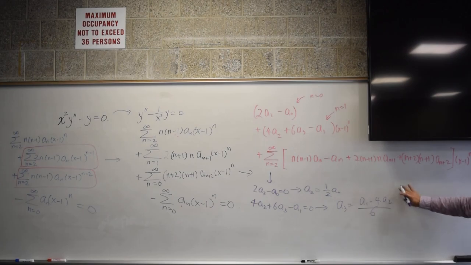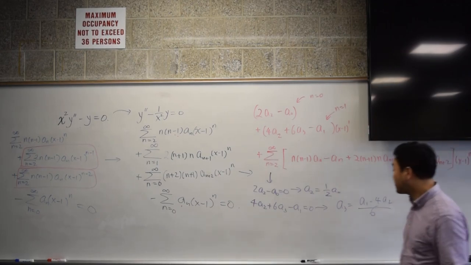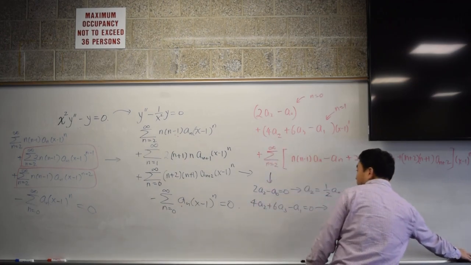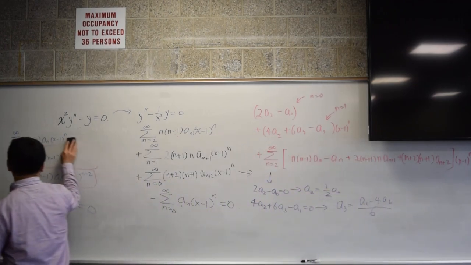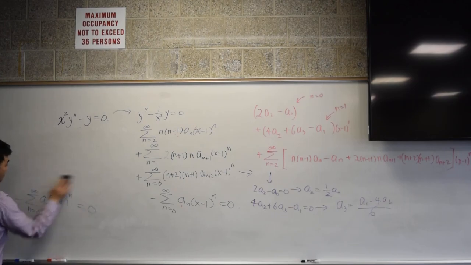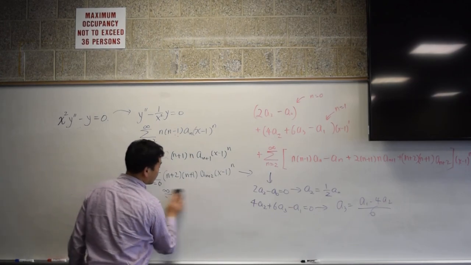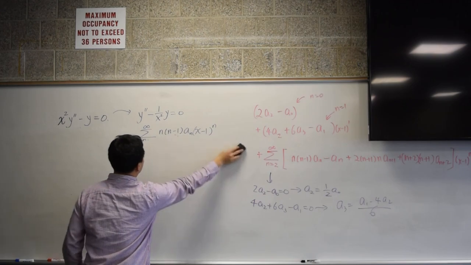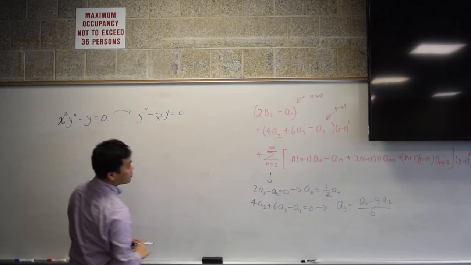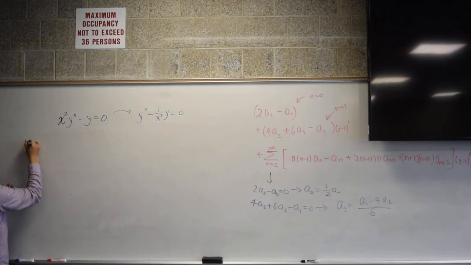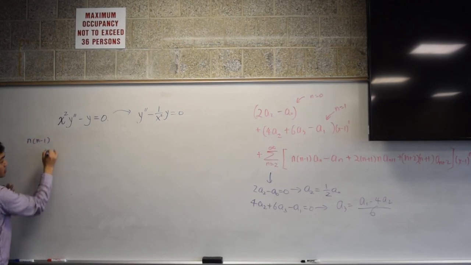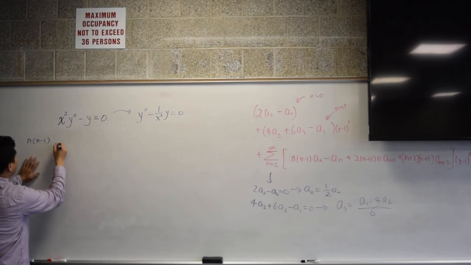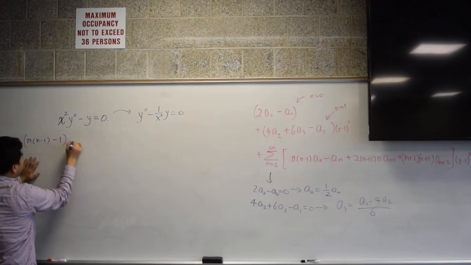So those are the two special cases in the beginning. But after 2 and above, you follow the pattern. This is what you get, right? So after that, go over here. After that, we have n minus 1 minus 1 an.